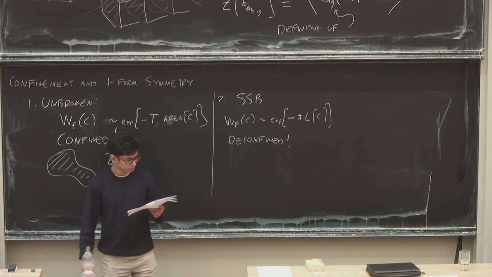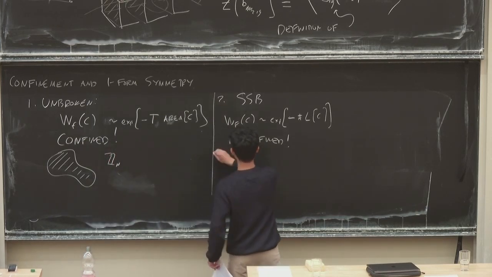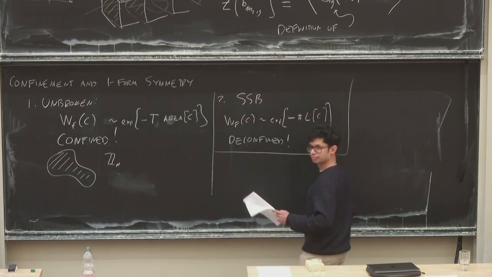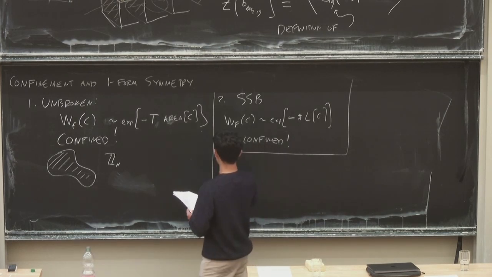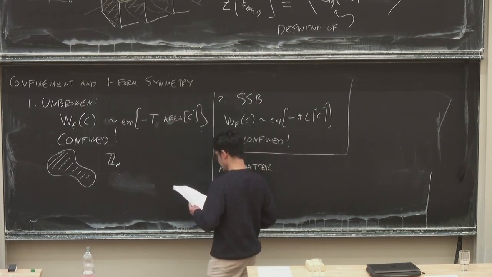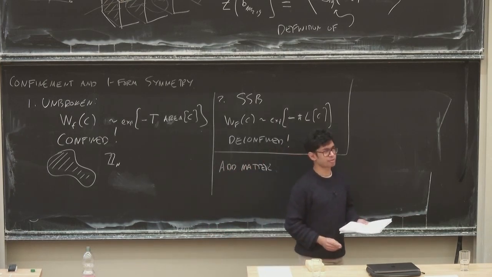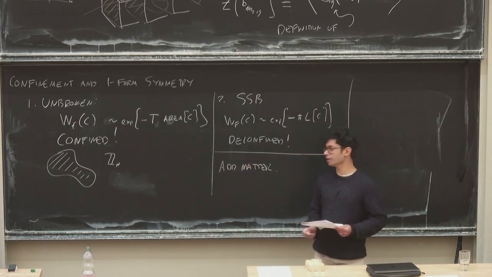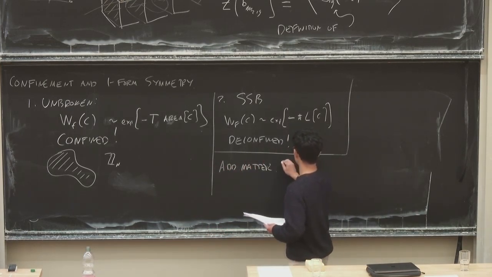Okay, cool. So the next thing I want to do is discuss what happens if you add matter to the theory. Let's imagine adding matter. It matters what representation of the gauge group we add the matter in. The most interesting thing is what happens if you add matter in the fundamental.